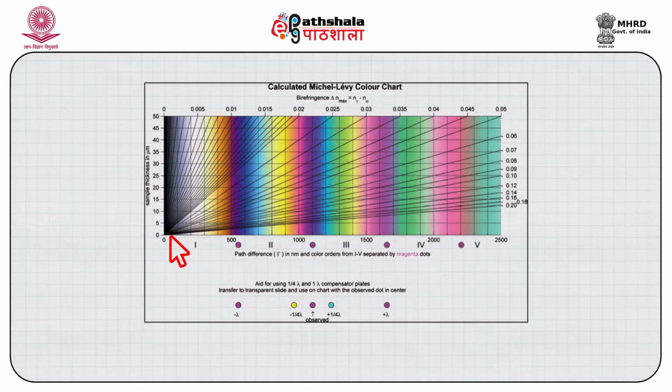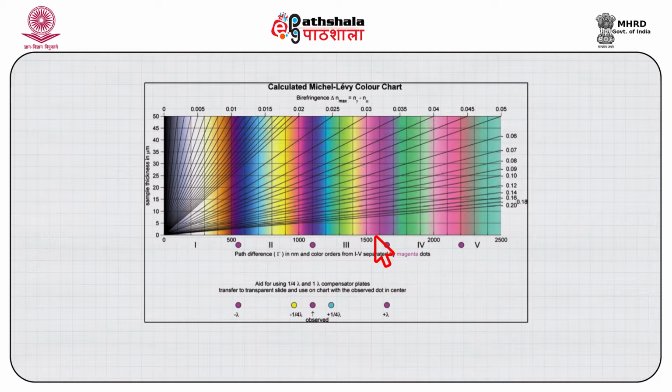With increasing thickness and increasing retardation, the interference color changes from black to gray, gray to white, white to yellow and yellow to red, and then a repeating sequence is followed as can be seen in this chart. The interference color produced, we have to keep in mind, is dependent on the wavelengths of light which pass the upper polar and the wavelengths which are cancelled.